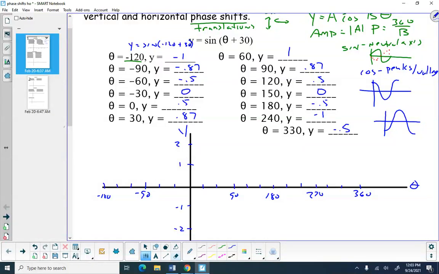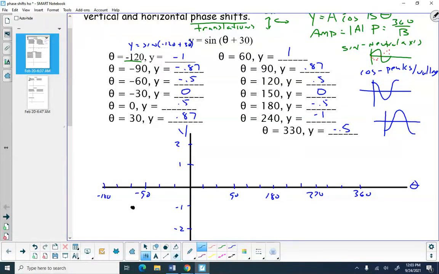As you read down the column, you should have -1, -0.87, -0.5, 0.5, 0.87, then 1, 0.87, 0.5, -0.5, -1, and -0.5. So if we start looking at the graph of this, we have a sine of -120 is -1.